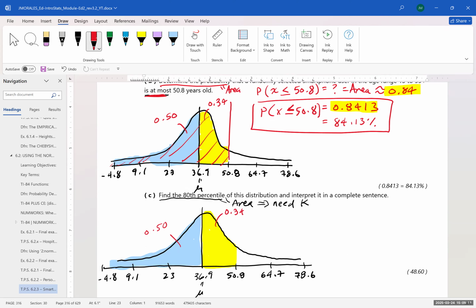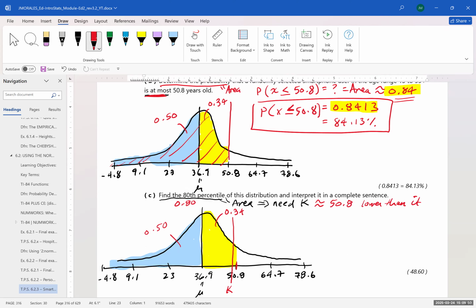When I added it earlier, that was 0.84. So we'd expect an area of 0.8 to be just shy of this one standard deviation mark. Should be right about there. So this value of k is going to be pretty close to 50.8, but it's going to be lower than that.